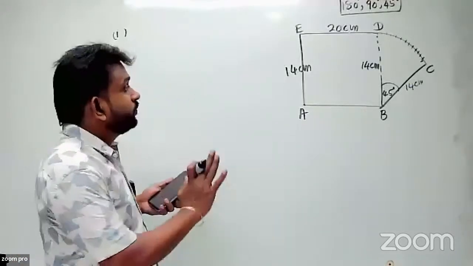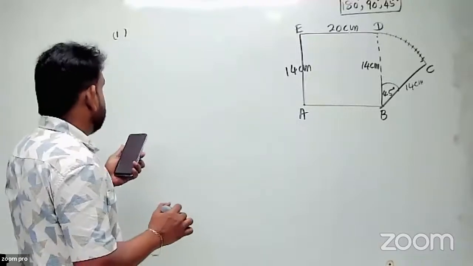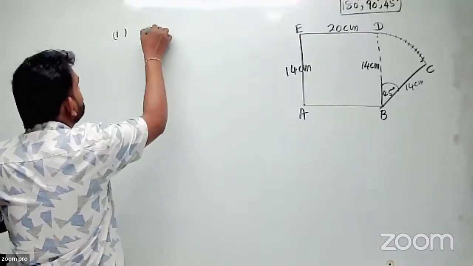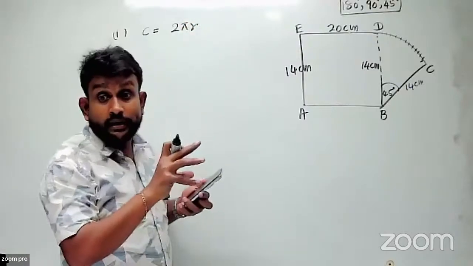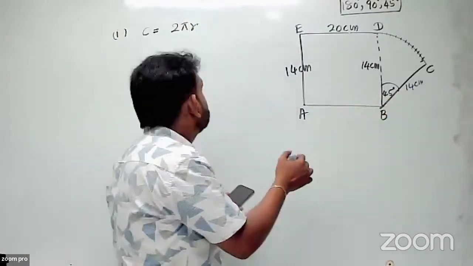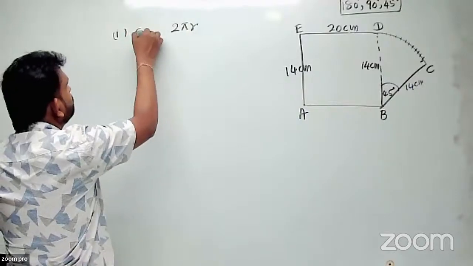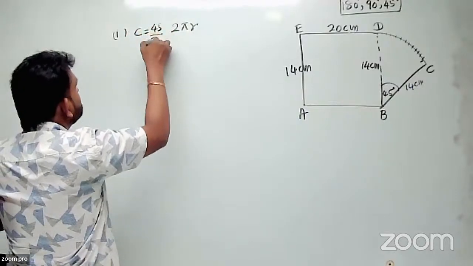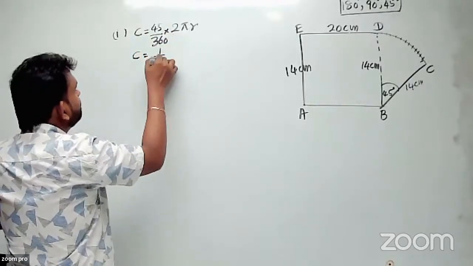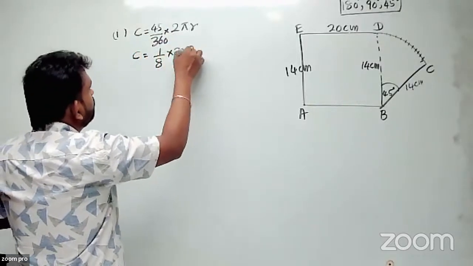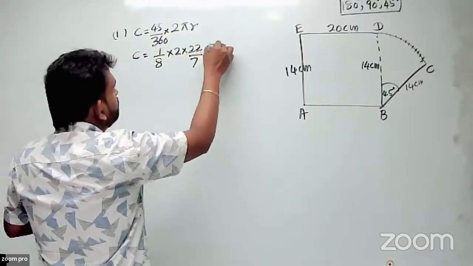So for the 45 sector, you know the arc length. Remember the formula: C equals 2πr. That is the full circle, but this is 45 degrees. So you can write 45 upon 360 into 2πr. We know that is 1/8 when simplified, 2 into π into r, 14 centimeter.